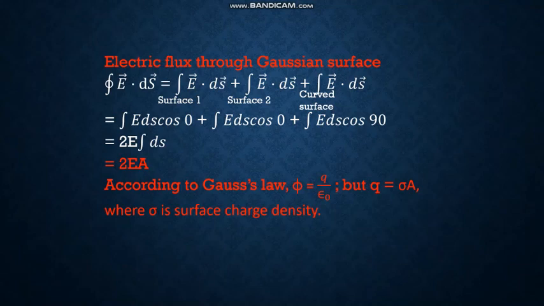Since the charge on unit area of the sheet is sigma, the charge on A area of the sheet will be sigma A. Putting the values, we get 2EA is equal to sigma A by epsilon naught, and E is equal to sigma by 2 epsilon naught. The direction of the electric field is radially outward if the sheet has positive charge.